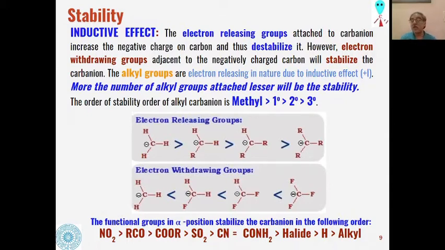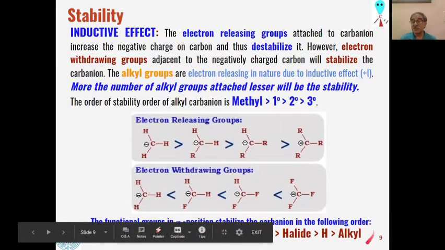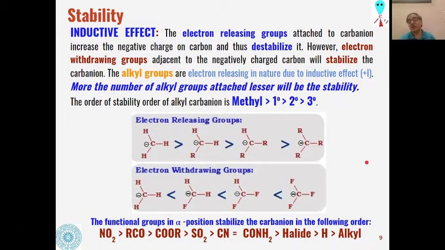So alkyl will be lowest in stability as far as carbanions go. The more the number of alkyl groups, the lesser will be the stability of the alkyl carbanions.